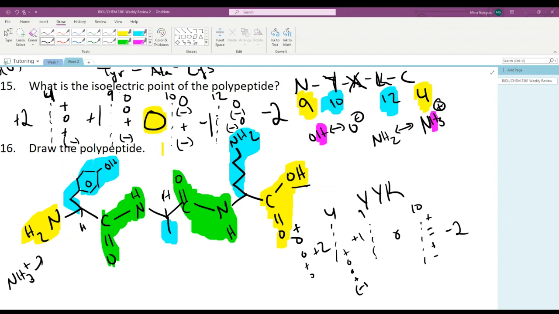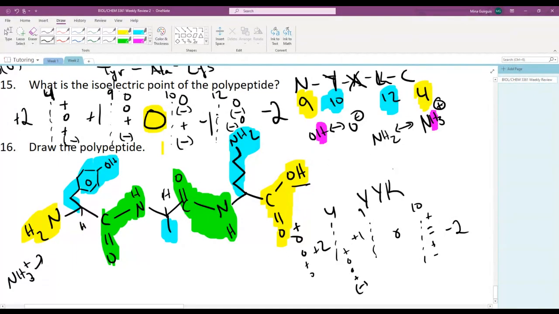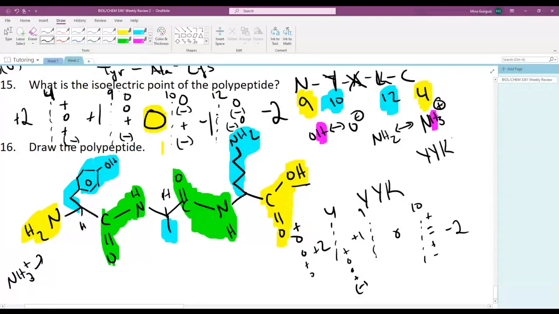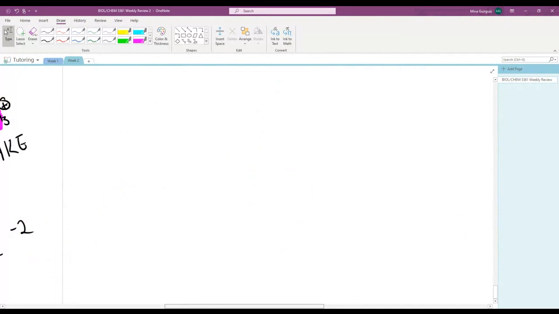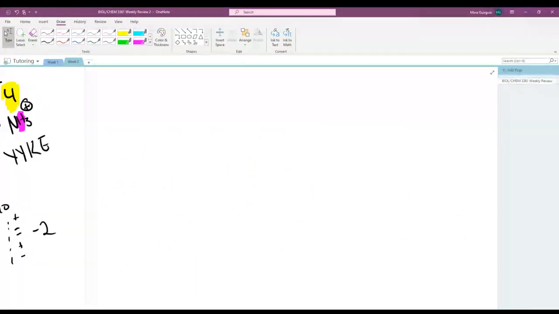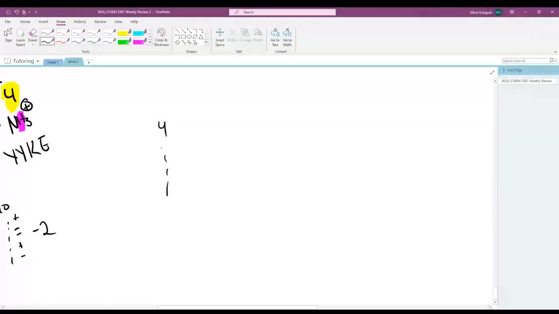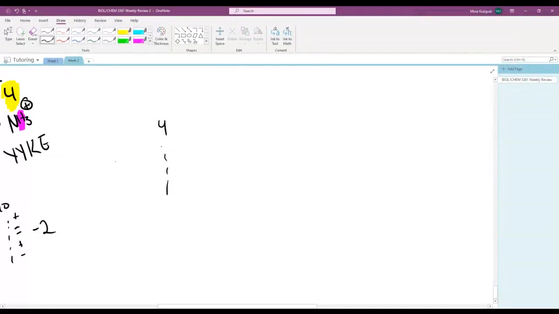For example, let me think of a good example. If we had Y, Y, K, and E, so glutamic acid, then below a pH of 4, your N-terminus is going to be protonated.